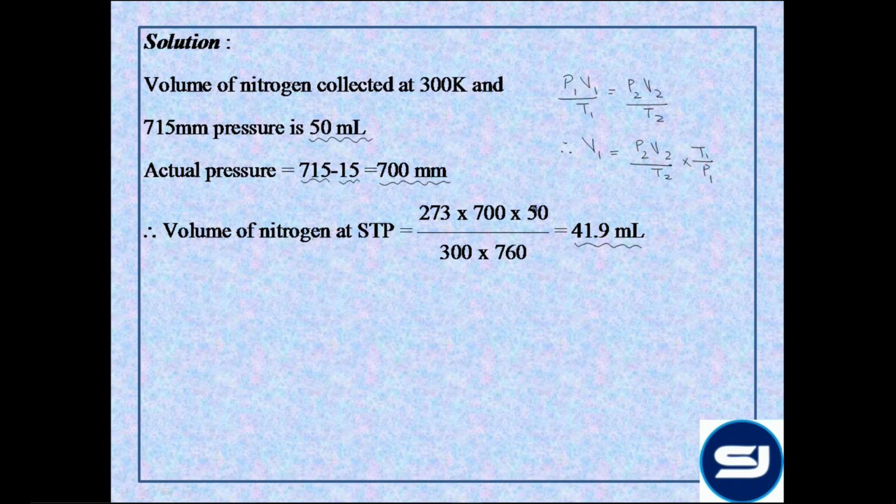So if we talk about the non-standard condition, this is the pressure 700 mm into volume 50 ml upon temperature 300 into the standard temperature 273 upon the standard pressure 760. So this is a substitution, and on calculation we get 41.9 ml.